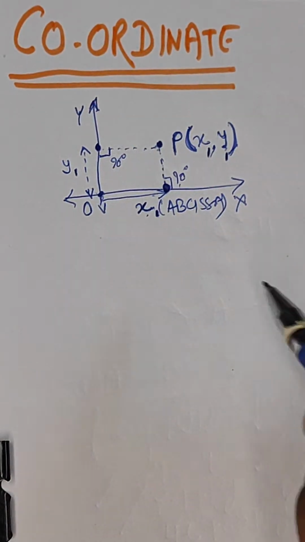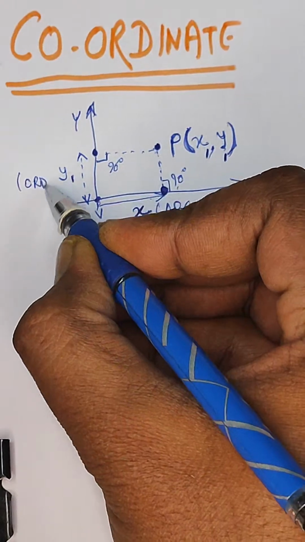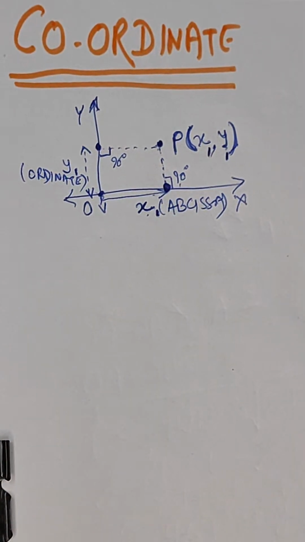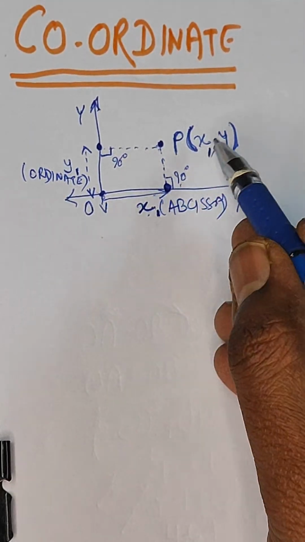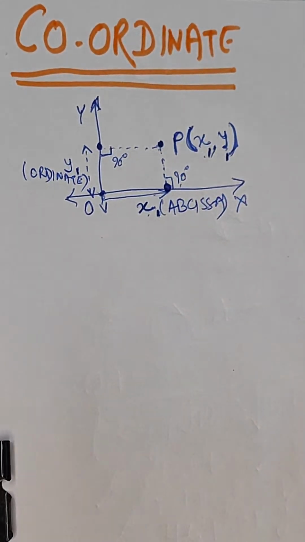And this is known as ordinate. So the abscissa and ordinate of any point can be clearly said as x1 and y1. That concept should be clear.